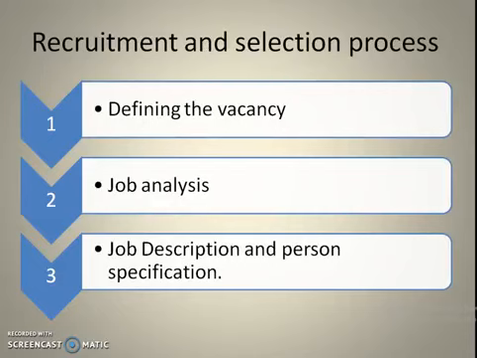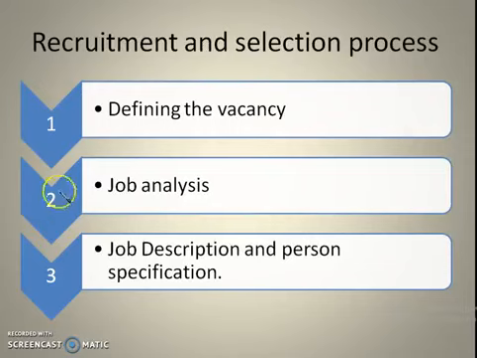Usually the HR manager will come to know if there is a vacancy in an organization, and it can be known from various methods like the web method, the diary method, or interviewing the branch managers and department managers, asking them if there are vacancies, or retirement of people, promotions, transfers, death of a person. This will create a vacancy or a slot in an organization which can be filled up.